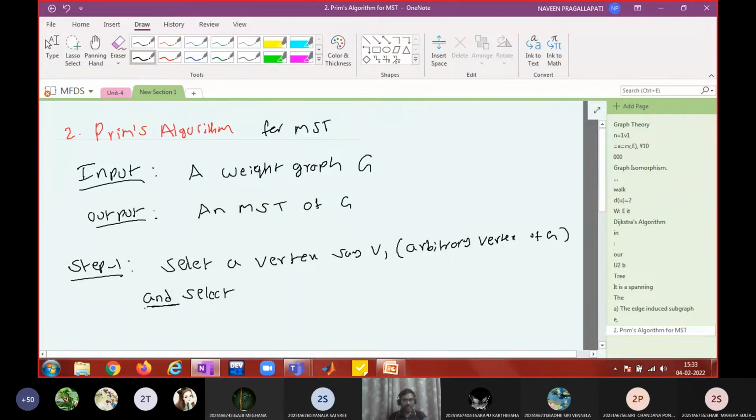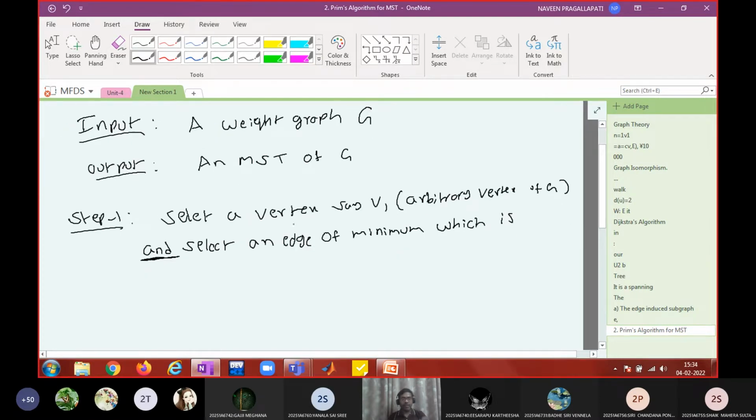So it is two conditions: selecting an arbitrary vertex, and selecting an edge of minimum weight which is incident with V1. That means the edge should connect to V1.